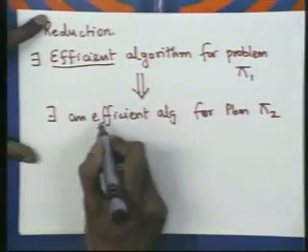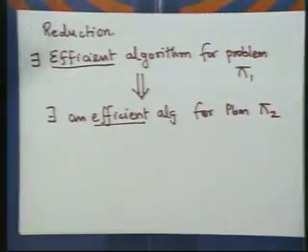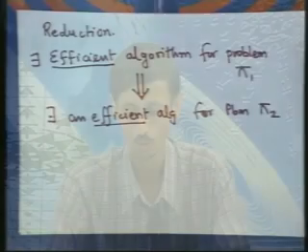Before we see an example, here is a word which seems a bit new, which is efficient. Problems have been defined, we've seen many problems. Algorithms have been designed, we've seen many algorithms. But what does efficient mean? Let me define what I mean by efficient.